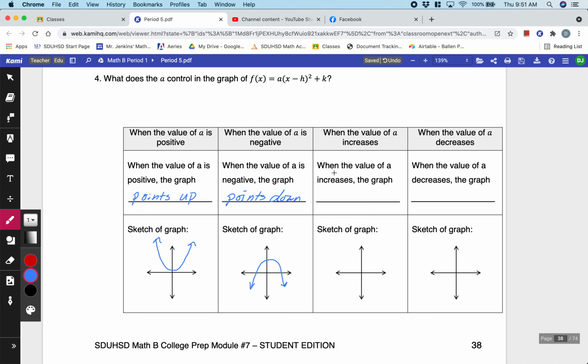When the a value is increasing, when it's getting further away from 0, this would look like a more narrow graph.